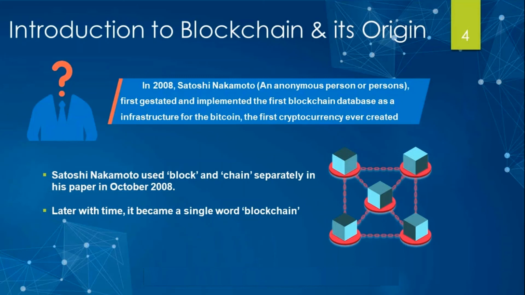This also was a problem wherein decentralized, and that was driving the entire economy in a not so good shape. That's where this anonymous person or group of persons referred to as Satoshi Nakamoto actually invented something called blockchain, right?